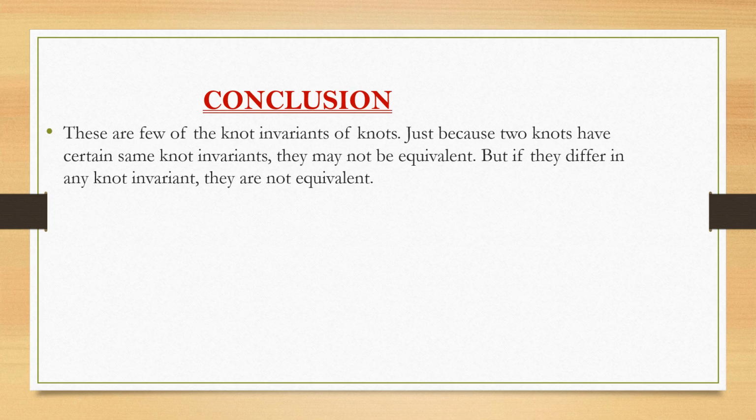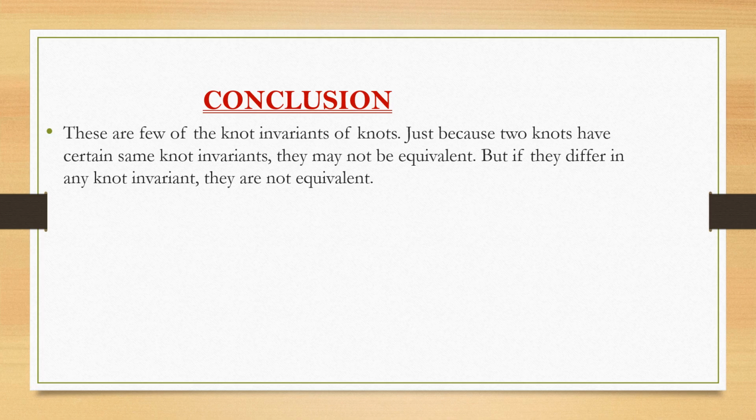Now we've reached the conclusion of our discussion. These are only a few knot invariants, because there are plenty, and this topic is under research. It is still growing. So any equivalent knots have the same knot invariants, whereas the same knot invariants need not ensure that the knots are equivalent.